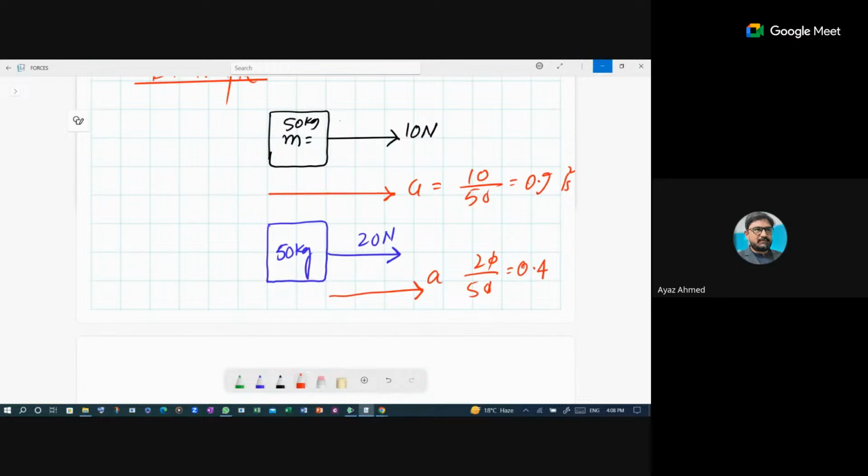It is 0.4 meter per second square. So I have doubled the force, so acceleration has been doubled.